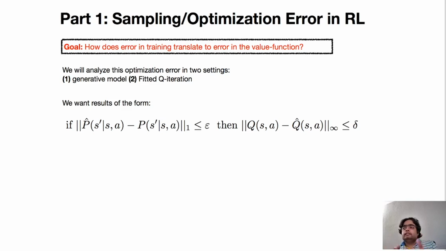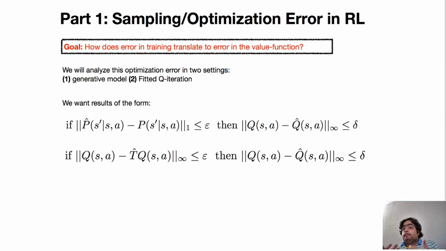So Q hat minus Q at all state action pairs, which is indicated by the infinity norm, that difference is smaller than some delta. And delta is a function of epsilon, and we need to derive what that function looks like. So we want to be able to say something like this.